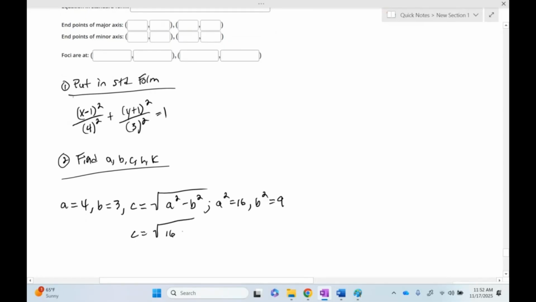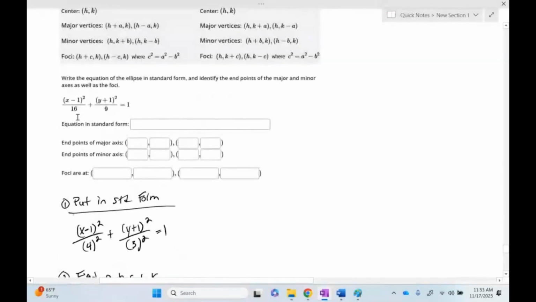So that's the square root of 16 minus 9. So C is equal to the square root of 7. Notice for A squared I'm using 16, and for B squared I'm using 9.